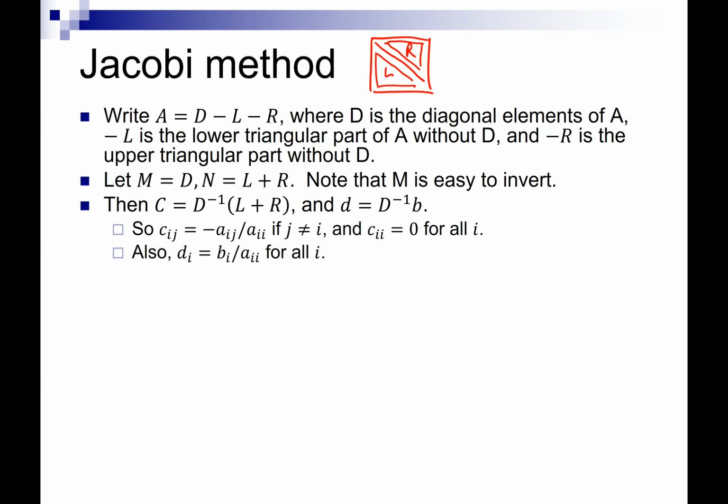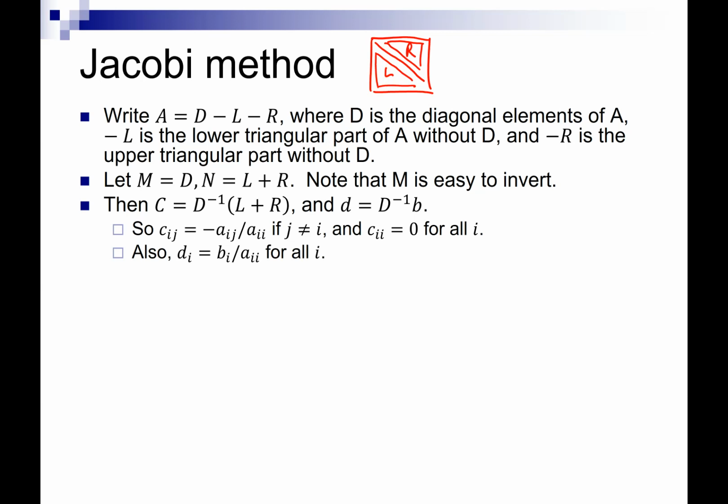Let's call the elements below the diagonal L and the elements above the diagonal R. So negative L is going to be the lower triangular part of A, after we take away D, and negative R is going to be the upper triangular part.